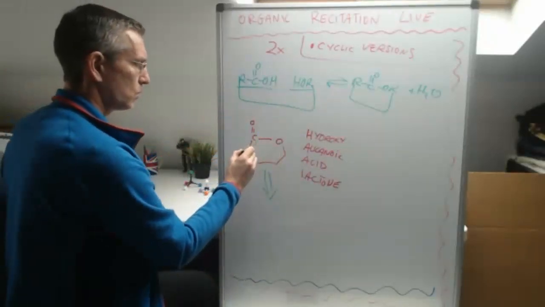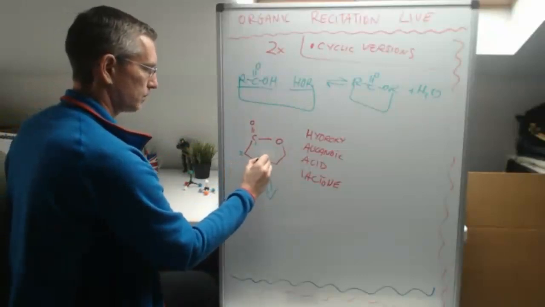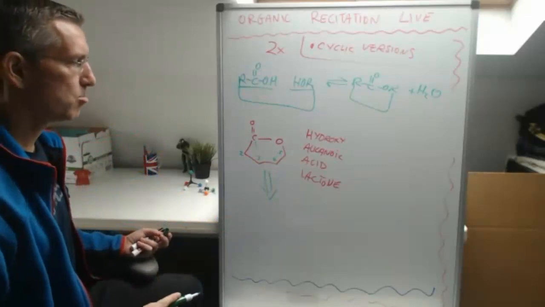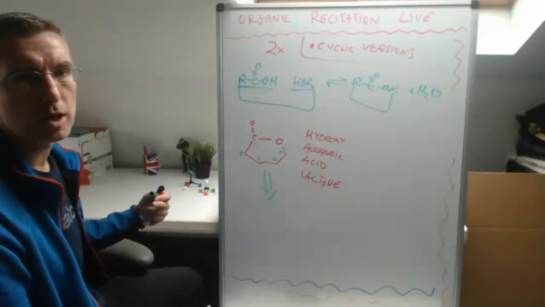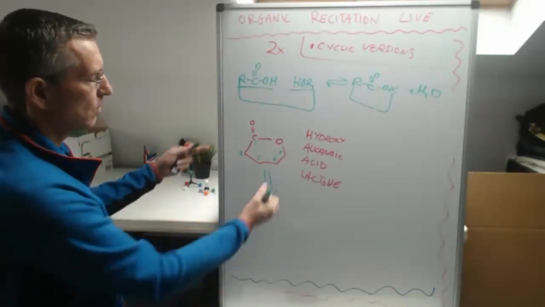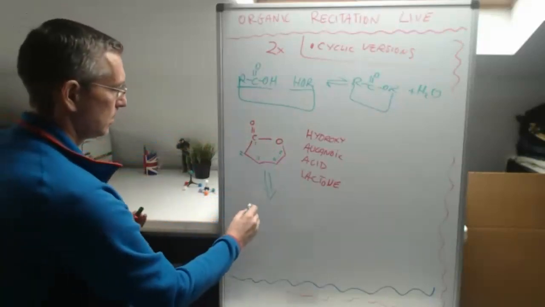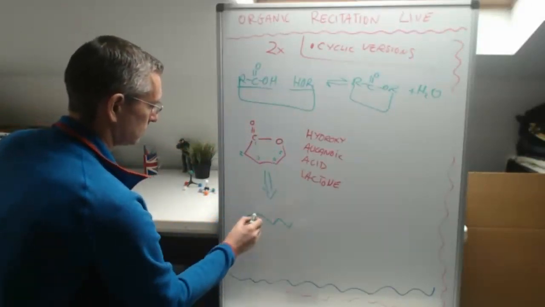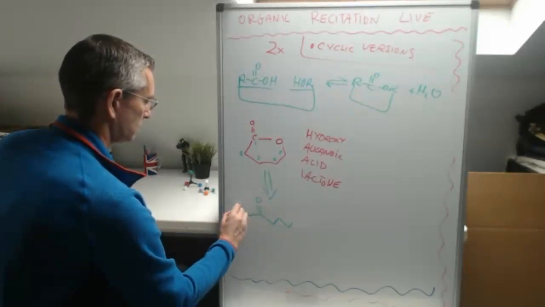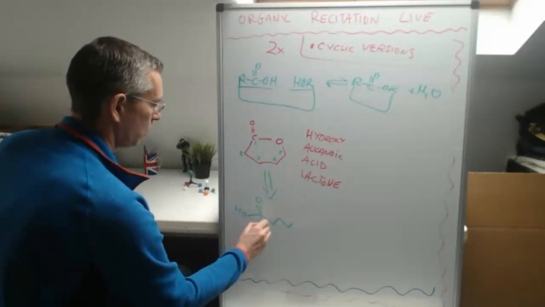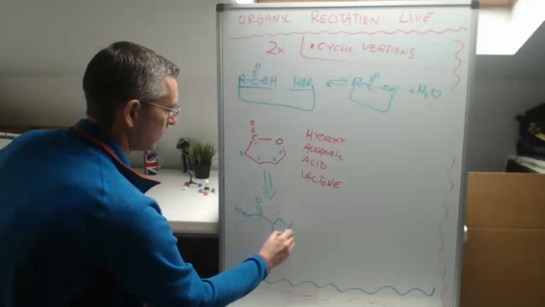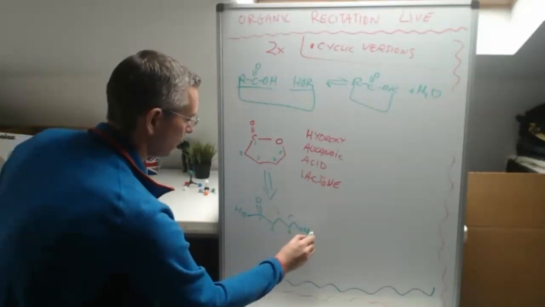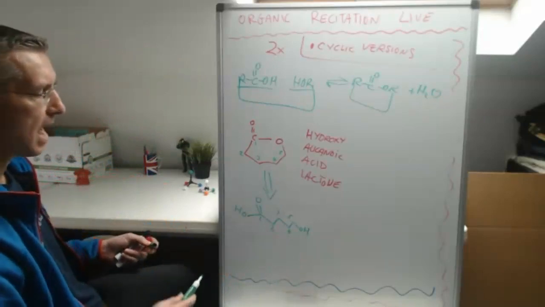The easiest way is to number your carbons and then work backwards. So this is an ester made from one, two, three, four, five, that alcohol.